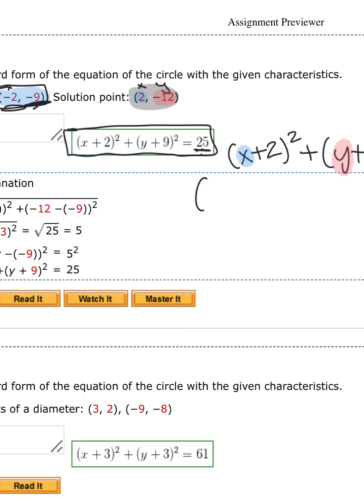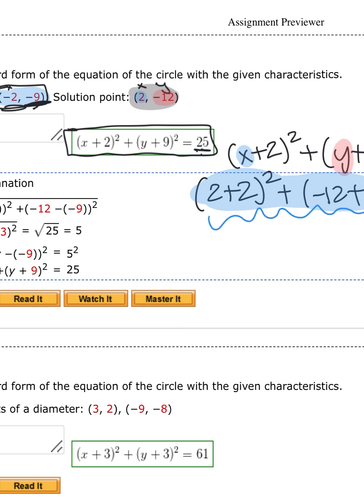So I'm going to have 2 plus 2 squared plus, and then my y value is negative 12 plus 9 squared equals r squared. All right, so then what I'll do is I'll figure out what this number is, right? I can use my calculator to determine that number. And so when I figure out what this number is, it ends up being 25 is equal to r squared.